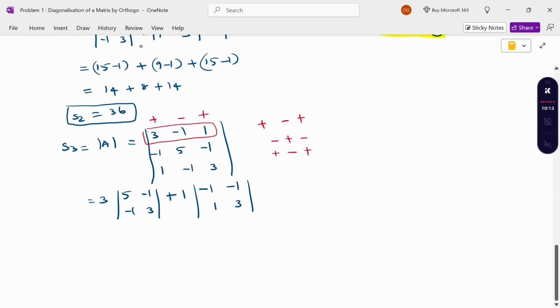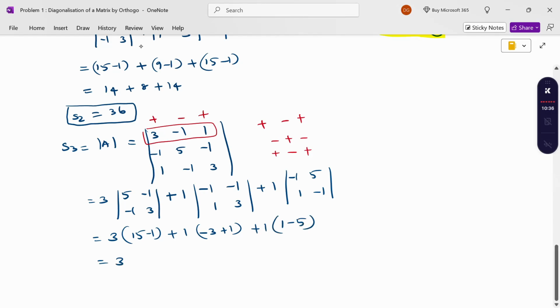Then the next 1, leave its column and row: minus 1, 5, 1, minus 1. So 3 into 15 minus 1, plus 1 into minus 3 plus 1, plus 1 into 1 minus 5.